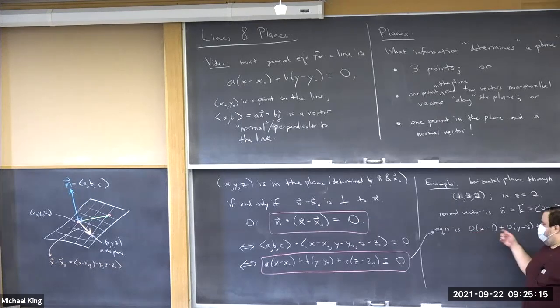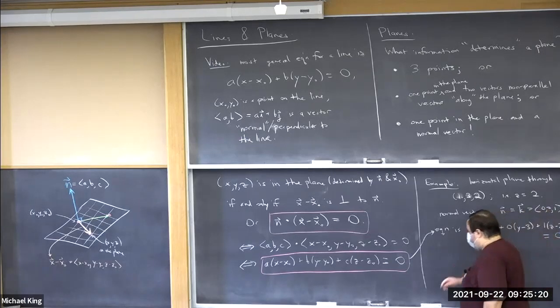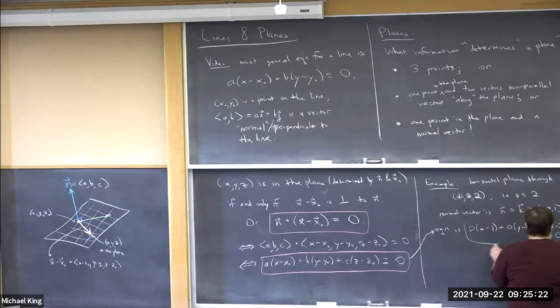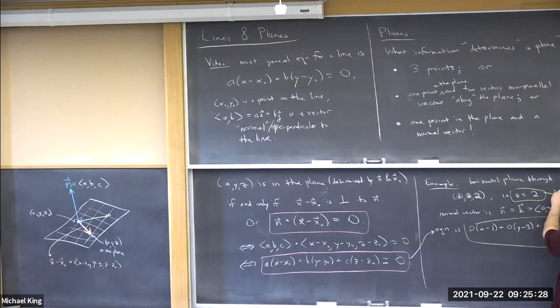The zeros here, these terms just go away, and it simplifies to that. Okay, so that's just a quick sanity check. In general, it's nice that this works this way: if you want to write down a plane tilted at a certain angle, if you can figure out the normal vector, you can just write it down immediately.